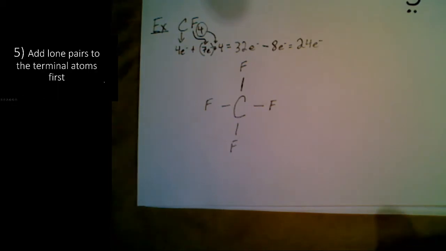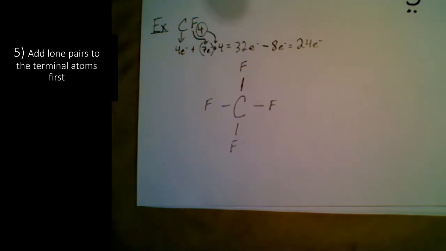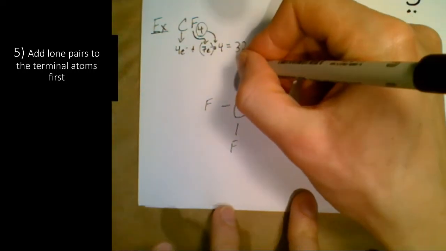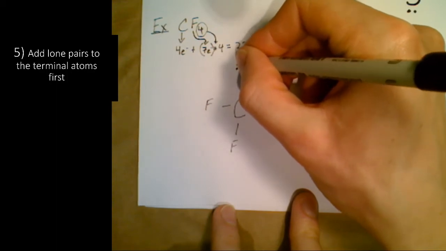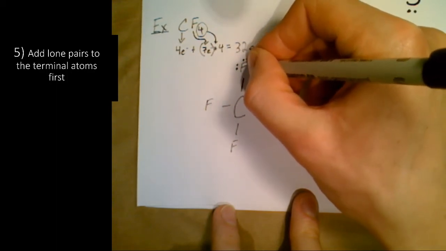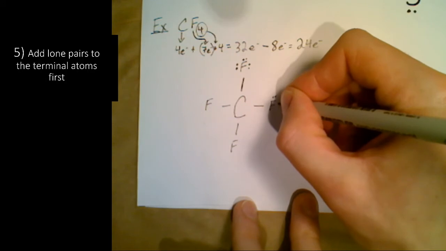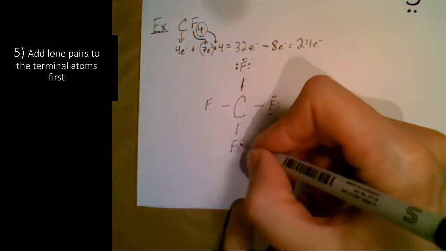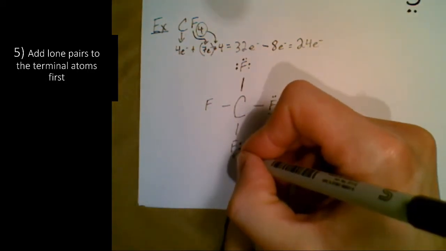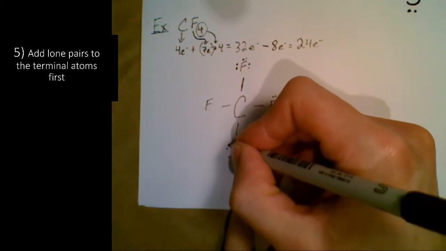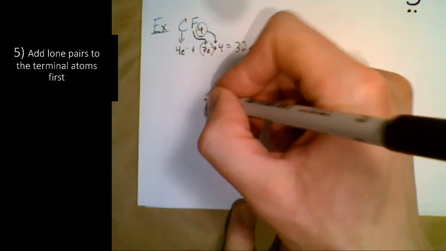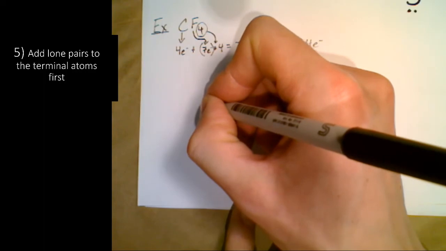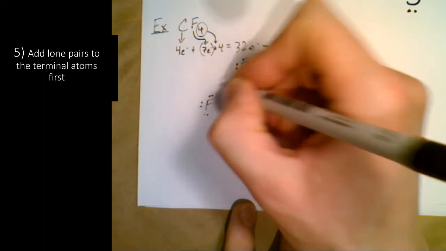Our next step is to add lone pairs to all of the terminal atoms. So we're going to go 1, 2, 3, 4, 5, 6, 7, 8, 9, 10, 11, 12, 13, 14, 15, 16, 17, 18, 19, 20, 21, 22, 23, 24.